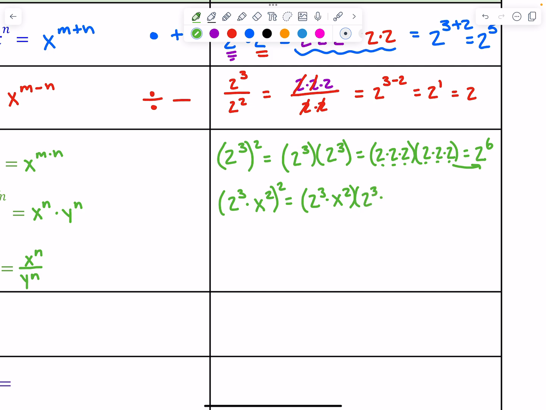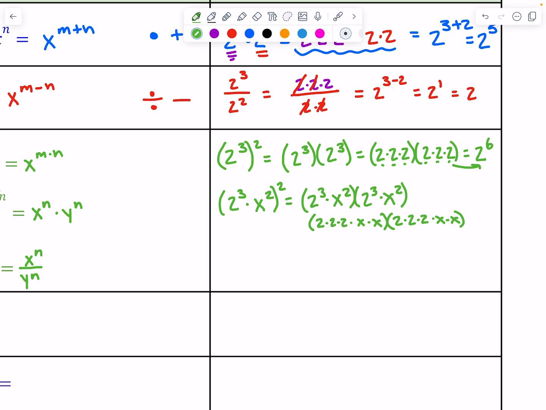So I could write it twice. So when you write it out twice, you can really see what's there. That means I have 2 times itself 3 times, and then x is being multiplied by itself, and then I have 2 3 times again, and then x is being multiplied by itself.